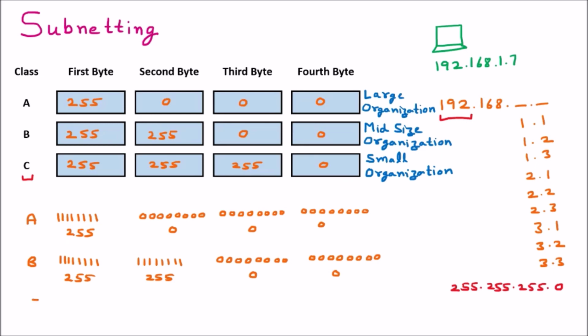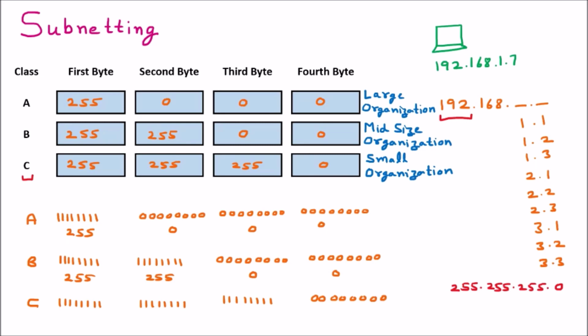Similarly, talking about the class C, in the class C the first 3 bytes are set to 1. So 8 times 1 here, then again 8 ones, then one more time 8 ones, and then 8 times 0.